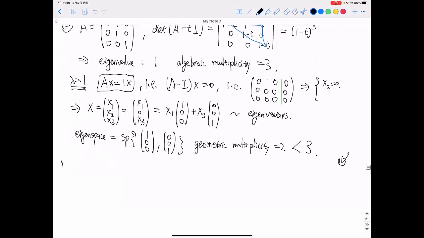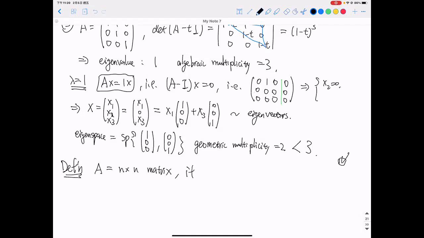All right, so now there's a definition to make. Given an eigenvalue, we have two multiplicities, the algebraic one and the geometric one. We've claimed that the algebraic one is always at least the geometric one. And we've seen examples that the geometric one can sometimes be strictly less than the algebraic one. If that happens, the matrix is called defective. So formally, let's say A is an n by n matrix.